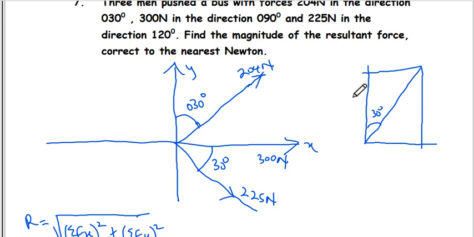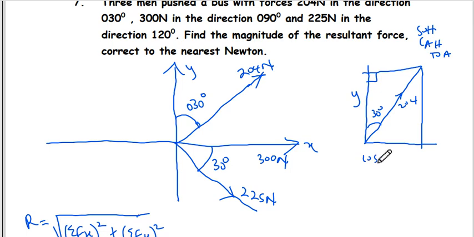Now we are resolving to the vertical axis. This is the 204. This y is the adjacent side, while this 204 is the hypotenuse. So adjacent over hypotenuse, remember your SOHCAHTOA, that's cos.